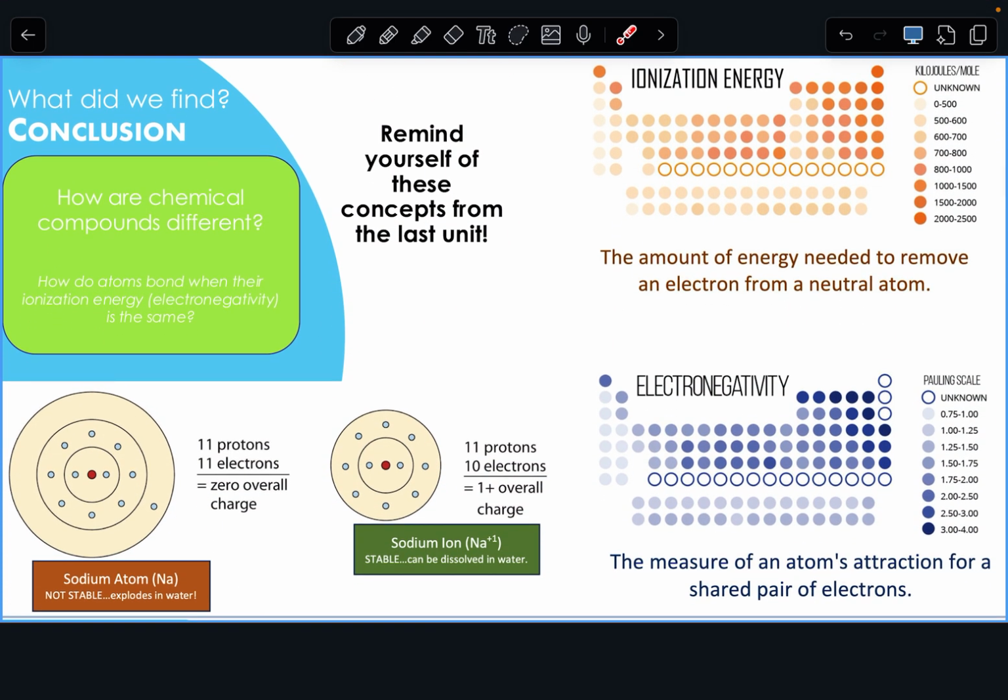So where did we get this from? If you look on the backs of your periodic tables, you will see there is an electronegativity chart. In Unit 1, we started with ionization energy. That was because we were making ions. But then we quickly transitioned to essentially calling that electronegativity.